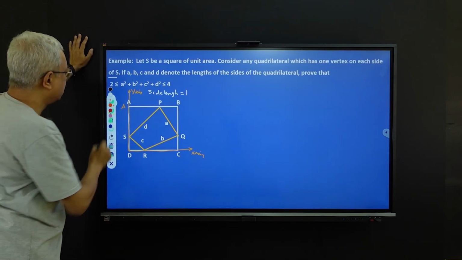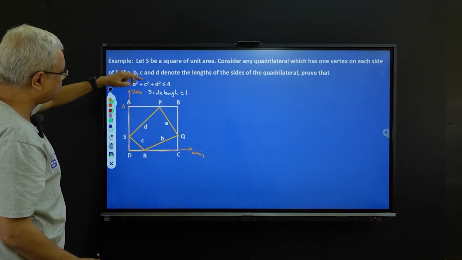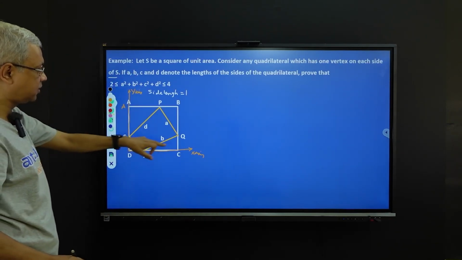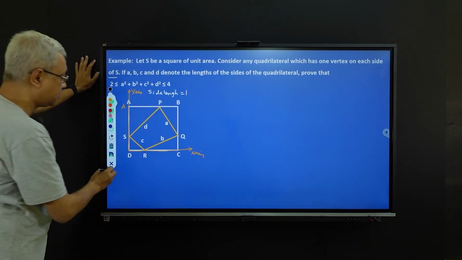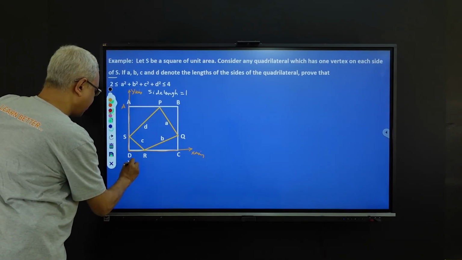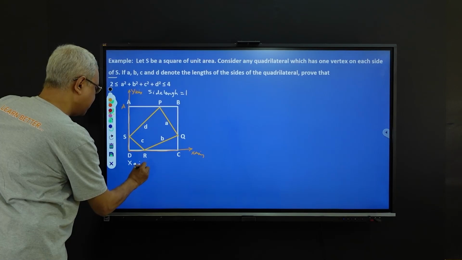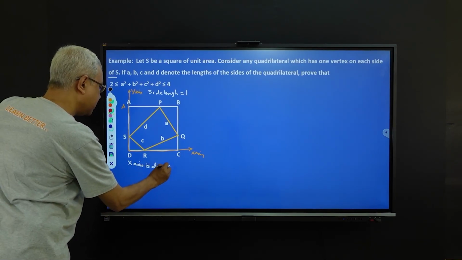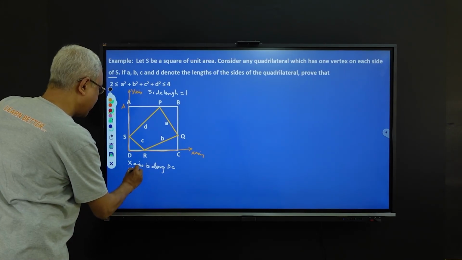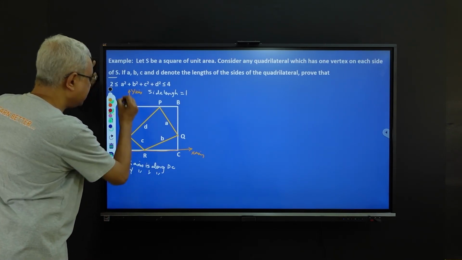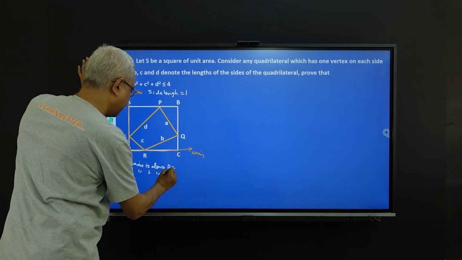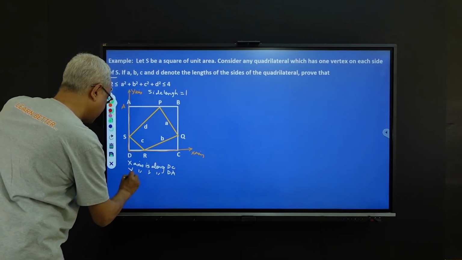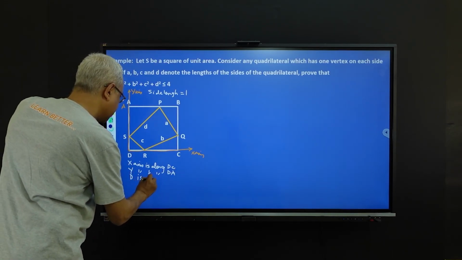Now, with respect to this coordinate system, the x-axis is along BC, the y-axis is along DA, and D is the origin.